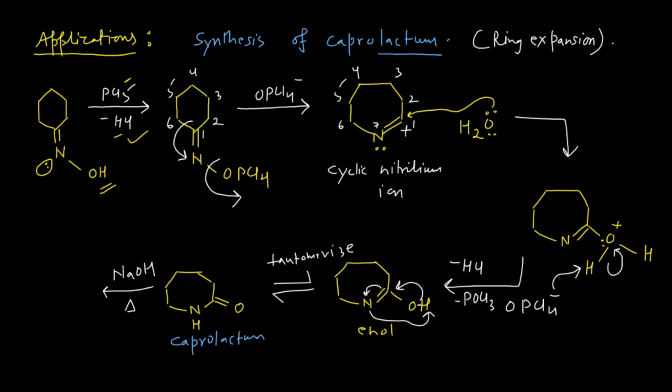So I am breaking, say for example, this bond, okay? So now you have, say, 1, 2, 3, 4, 5, 6 and 7 is the nitrogen. This numbering is not according to IUPAC, but you have broken this particular bond. So what will form?